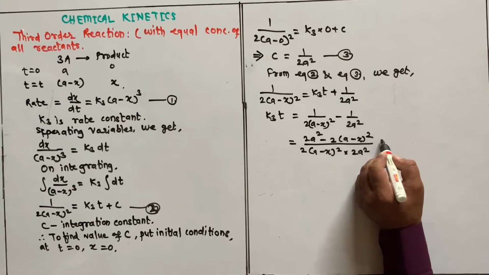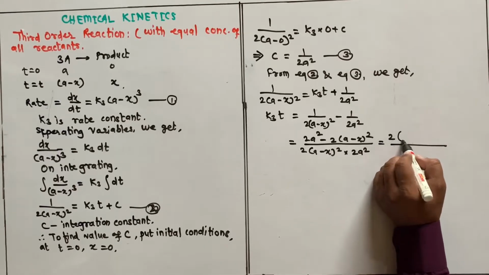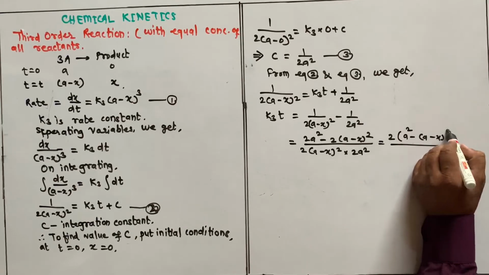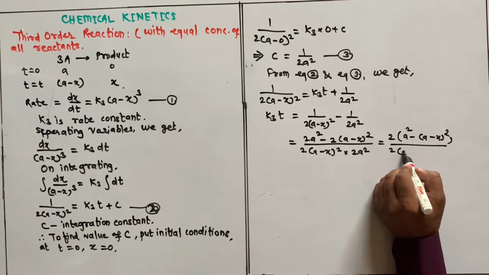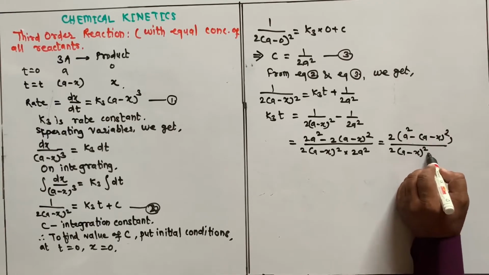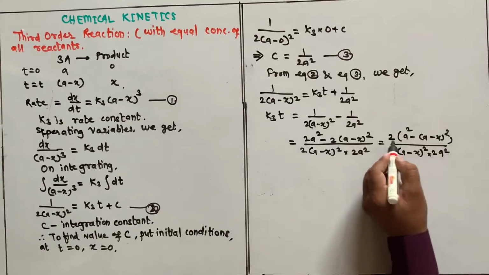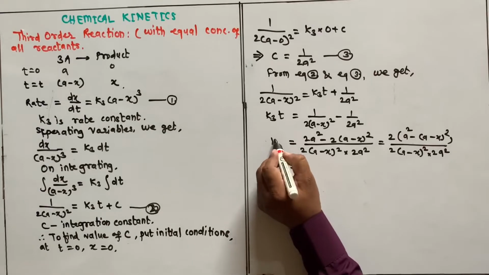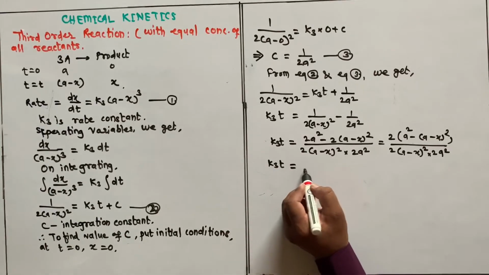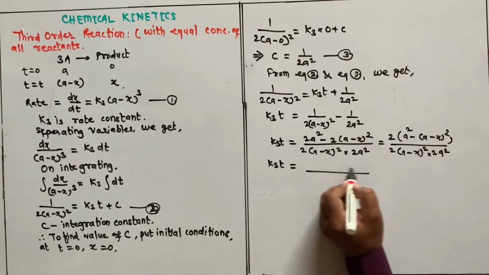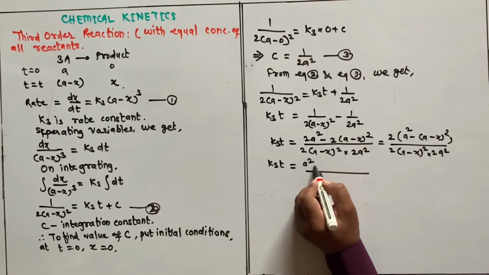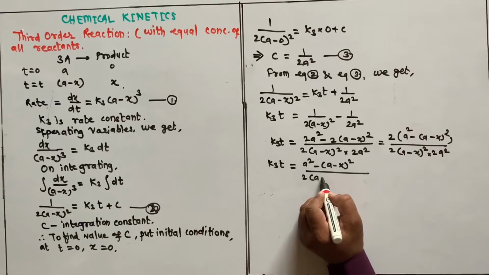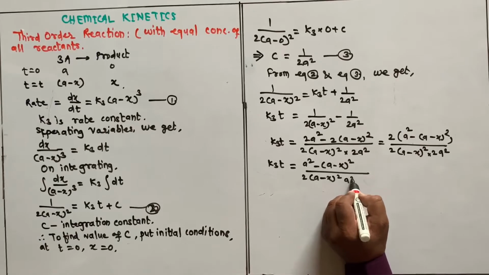Make 2 common. If you take 2 common, it is 2 common, a square minus (a minus x) square divided by 2 times (a minus x) square into 2a square. So 2 is cancelled, then K3t is equal to a square minus in bracket (a minus x) square divided by 2 times (a minus x) square into a square.